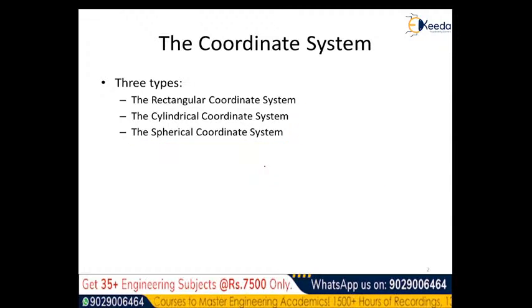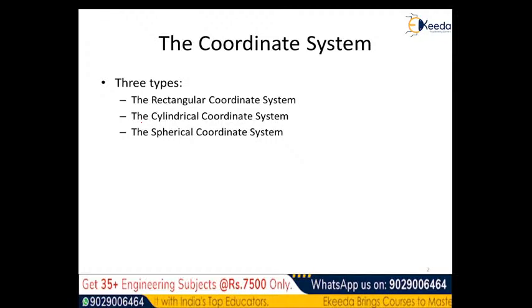In the rectangular coordinate system we have all three measures of length. In the cylindrical, two coordinates are measures of length and one is angular. And in the spherical coordinate system, just remember that we have one coordinate as a measure of length, in terms of meters, or centimeters if you like, and two angular values.